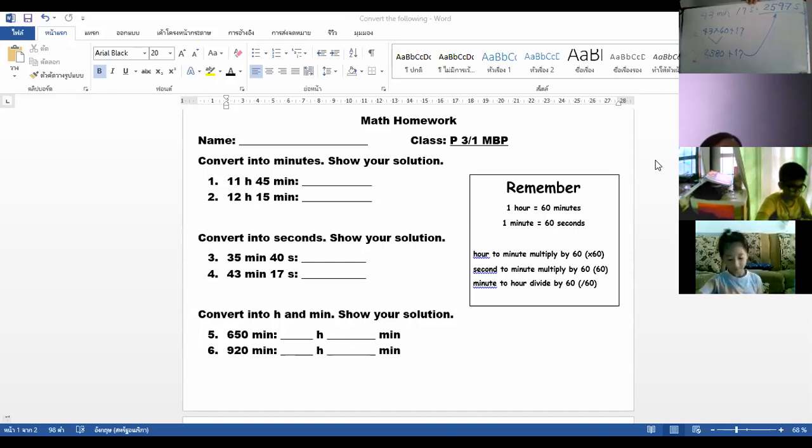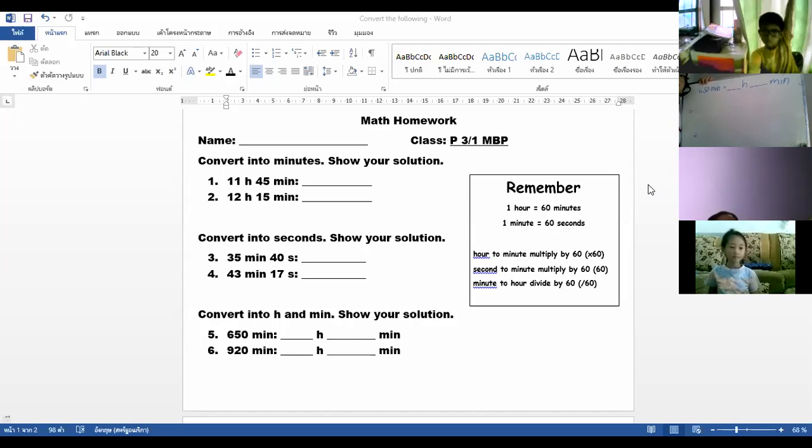Number 5 is convert into hours and minutes. So number 5, we have 650 minutes. So how many hours and how many minutes? Who would like to answer?